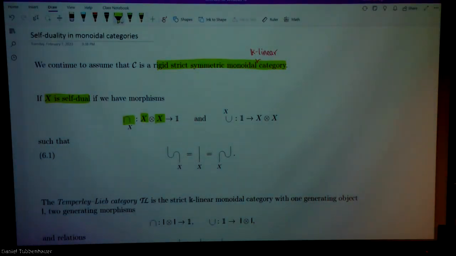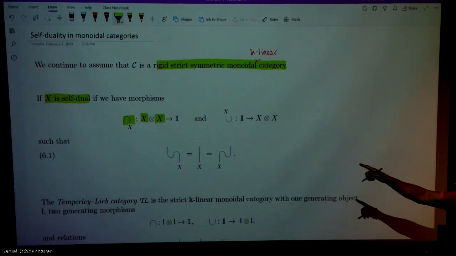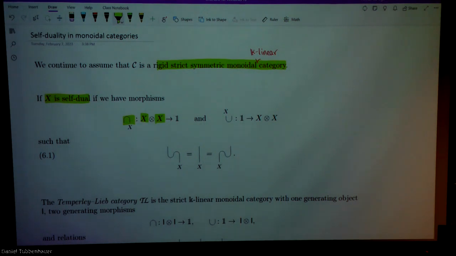So we'll usually denote this by a cap that has no orientation. So you should think of both of those legs of this cap as being the object x. And then we have a cup as well, which we now don't use any orientation for. And then we have these usual zigzag identities.